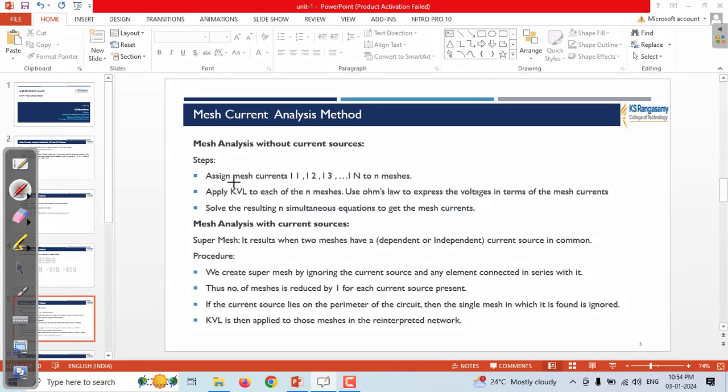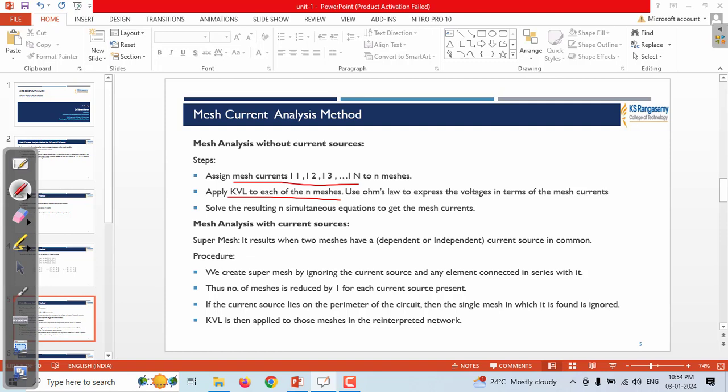Second, assign mesh currents equal to the number of meshes. Then apply KVL to each mesh and express the voltage equations in terms of mesh currents.